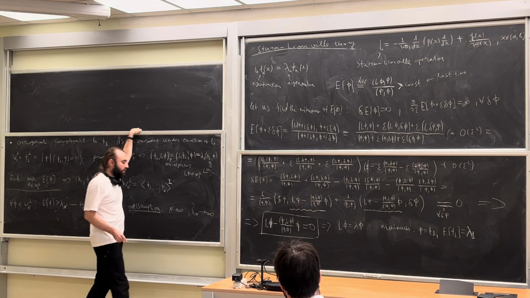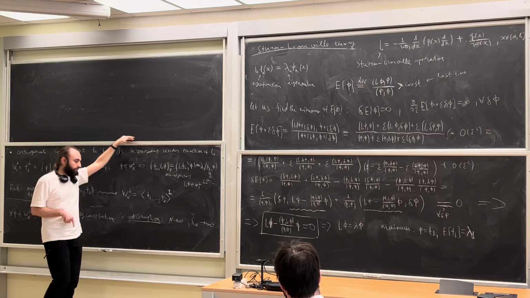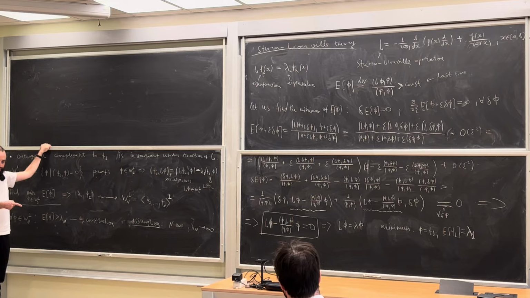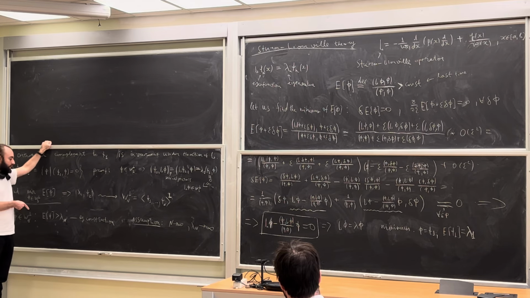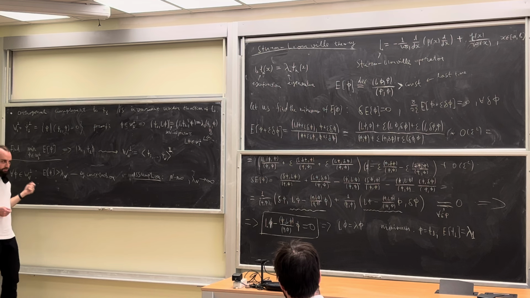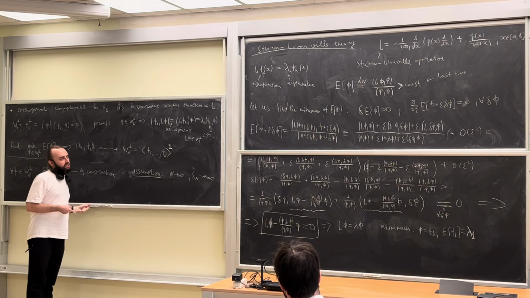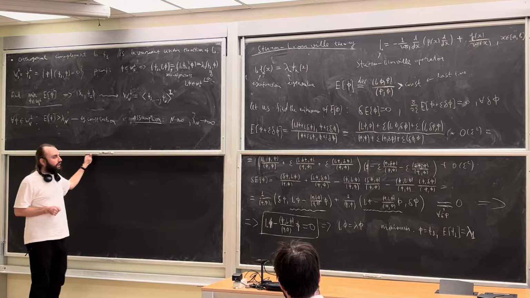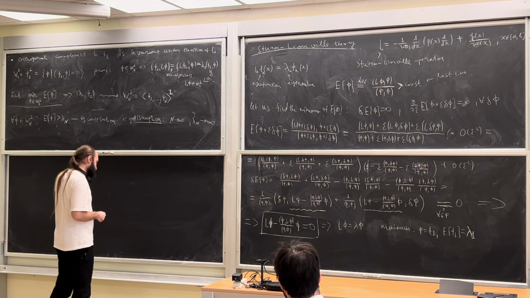Let us assume it now and prove it later. Let us check that under this assumption, eigenfunctions of this operator form a complete basis in L2 functions on the interval.